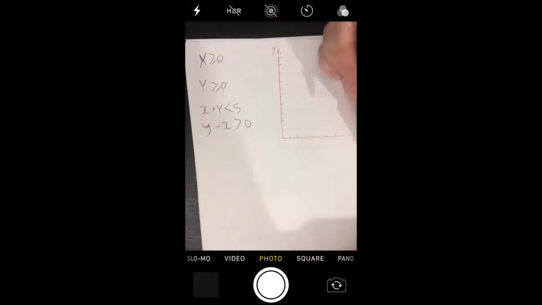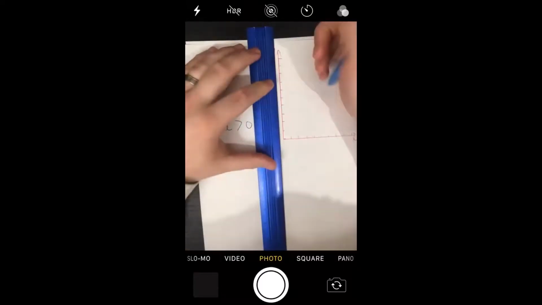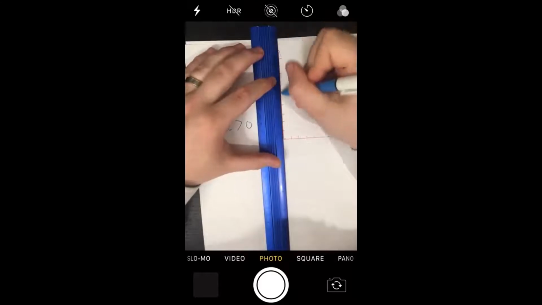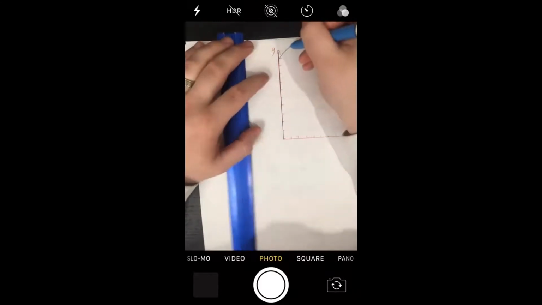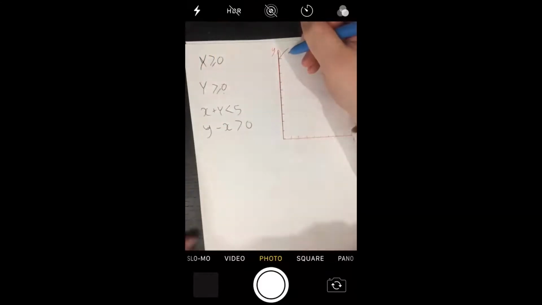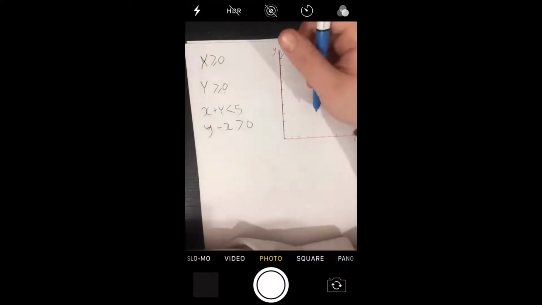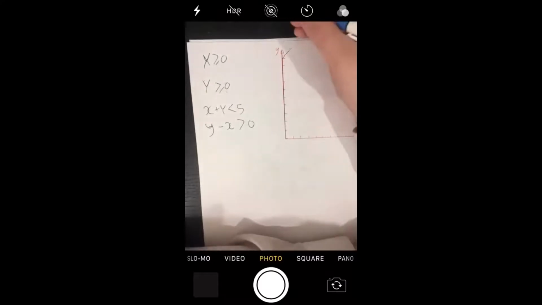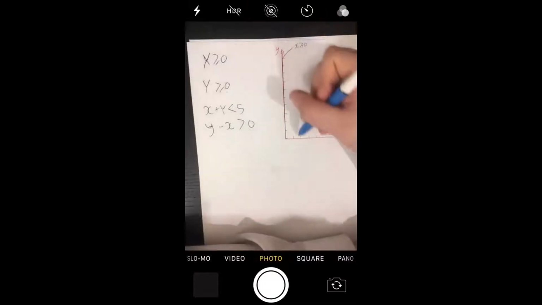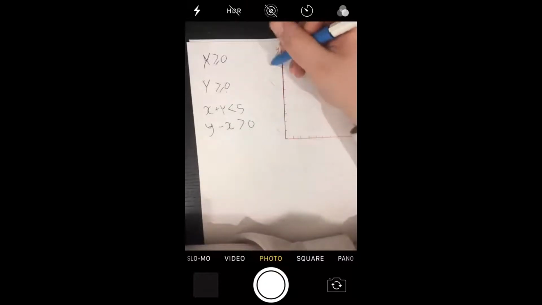That means those 2 lines essentially form this line here. You don't have to do this part that I'm doing. I'm just showing you this part so that no one gets confused. That line there represents x is greater than or equal to 0. So all of this gets ignored.